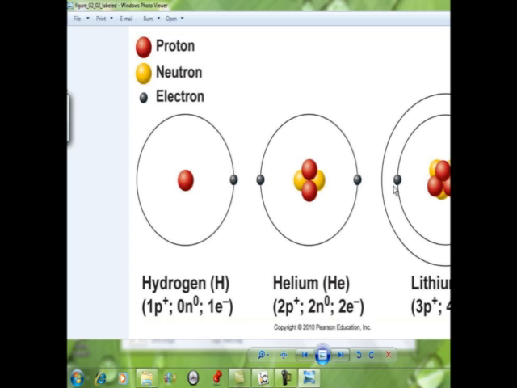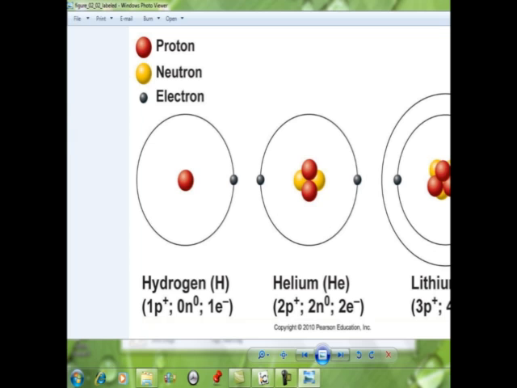So lithium, this guy over here, how many electrons does lithium have? 3. We're going to put the first 2 in its first energy level, and then the rest are going to go to higher energy level shells.